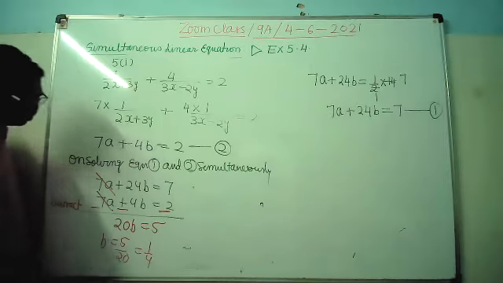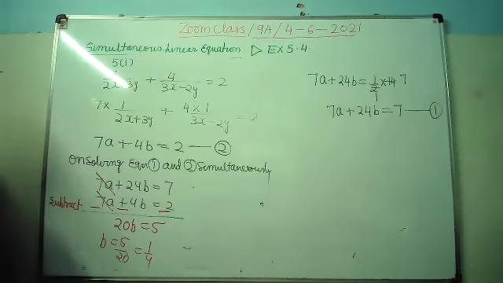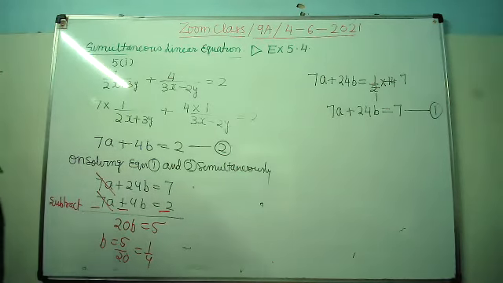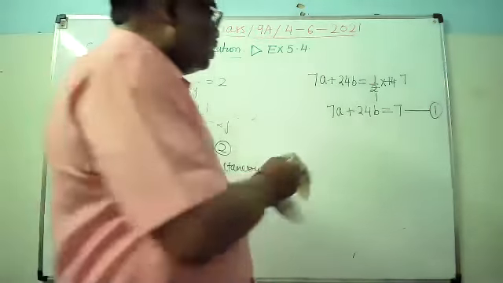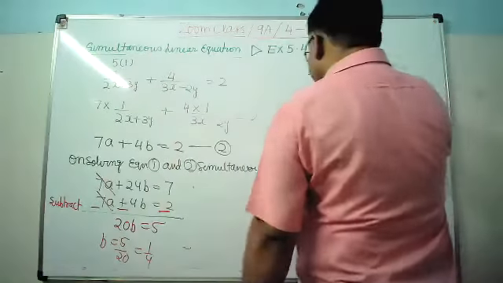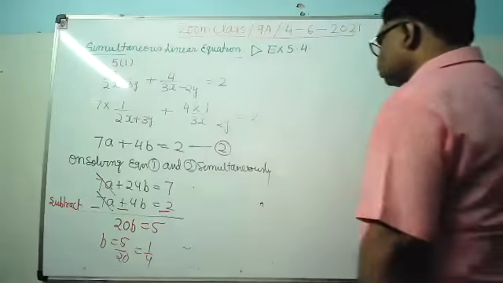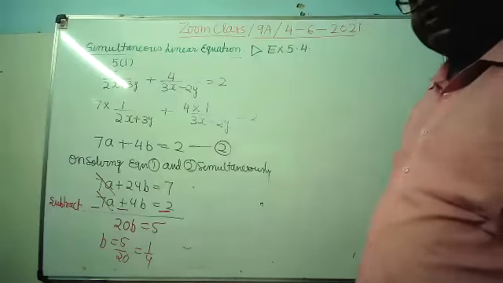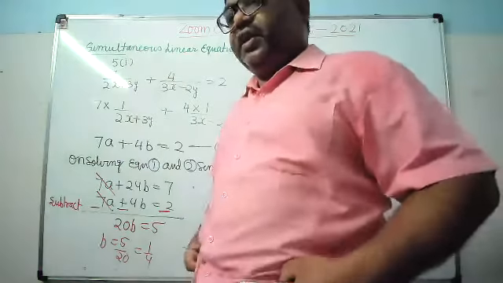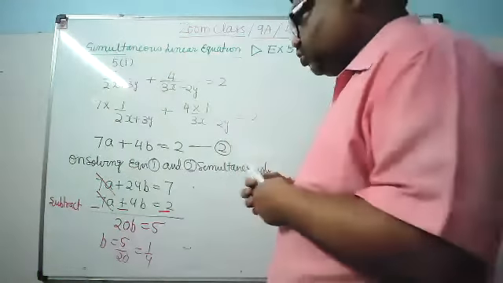B equals to 1 upon 4. Now you will substitute this value in equation 2. You can substitute in equation 1 also, but here I am substituting in equation 2.